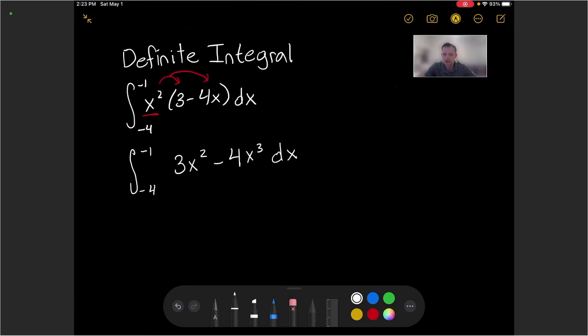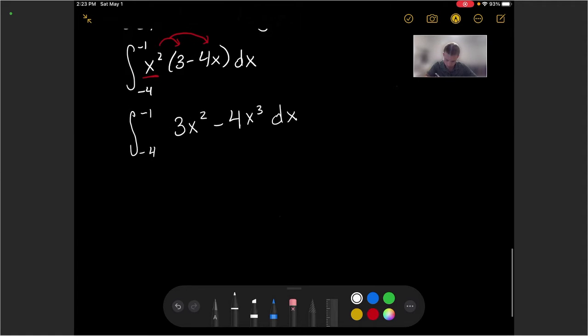Now we can consider taking the antiderivative of each term in our integral. So we'll start with the first, 3x squared. We're going to add 1 to the existing power, which would make it a 3, divided by the new power of 3.